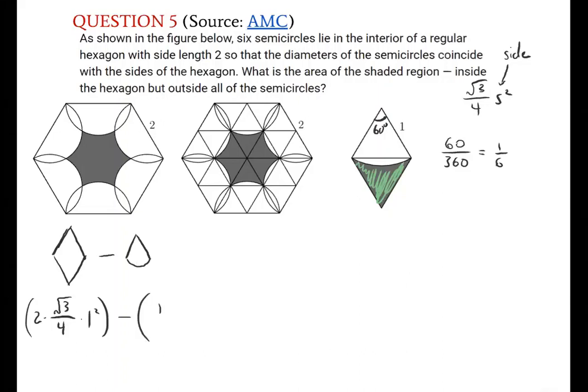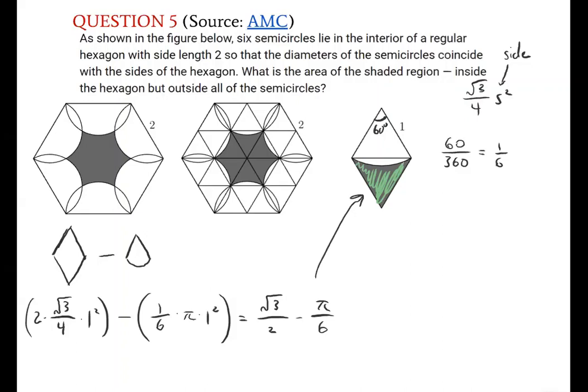So we can do 1/6 times pi times 1 squared. That gives root 3 divided by 2 minus pi divided by 6, and that is your green area.